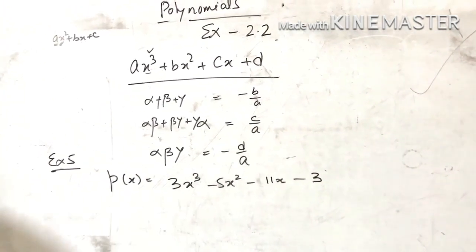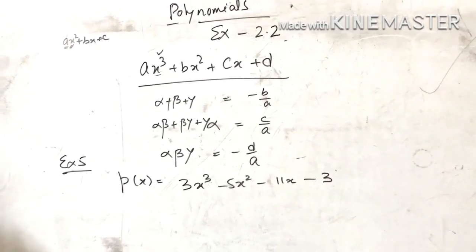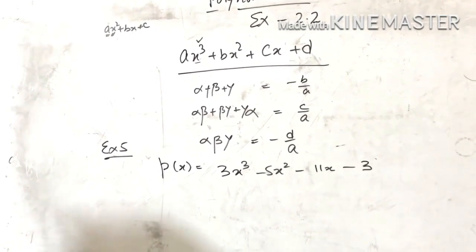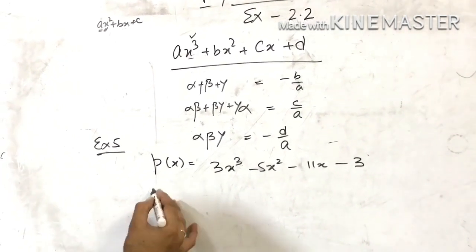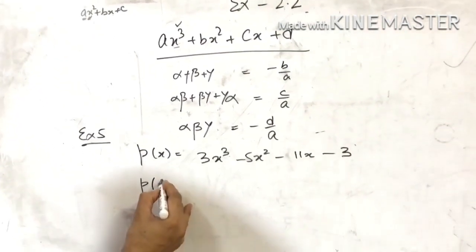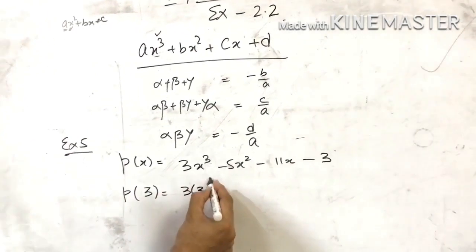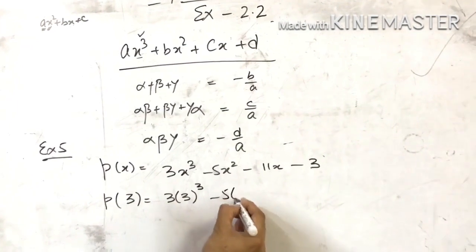First of all, they want to see whether you can verify that they are zeros of this or not. I told you that a zero of a polynomial is a value which, when you put it here, gives zero. Suppose your first value is 3. So you put this 3 in place of x.